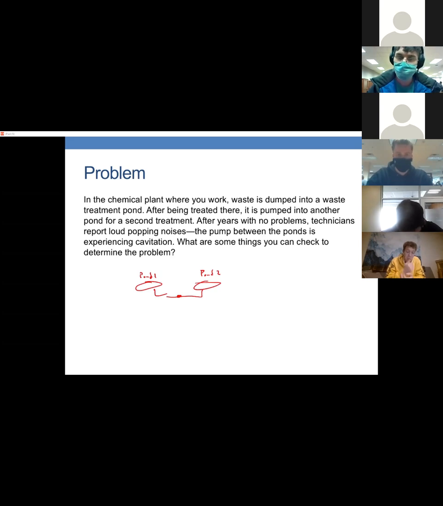Maybe there's a leak. This is something that I have heard of actually happening. Or maybe there's some kind of level controller in pond 1 that gets messed up somehow, so it isn't maintaining the level where it's supposed to be. So the level of the water in pond 1 drops, and then we have a smaller height difference between pond 1 and the pump, so we have less NPSH.